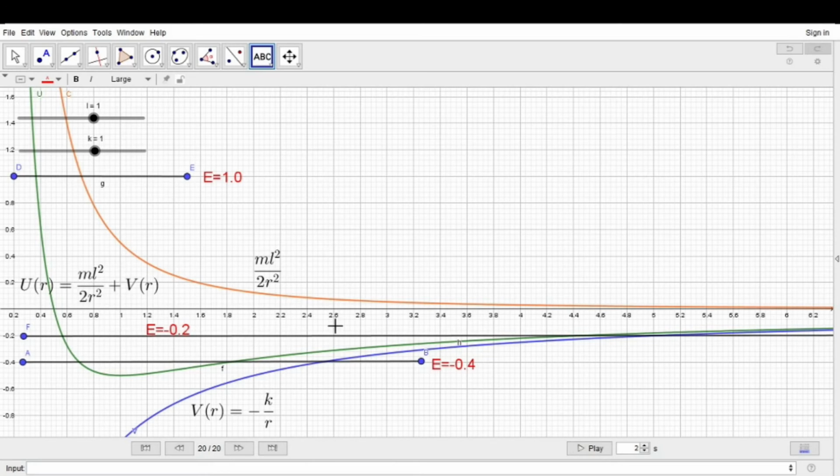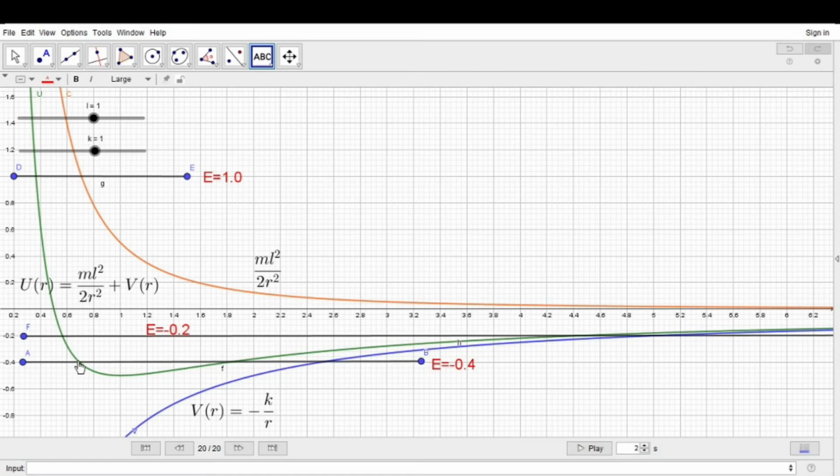And what we calculated is the radial extents of the trajectory based on different energies. The first one we did was, I think, minus 0.4, and that corresponds to this black line. This black line, if you look over here at the y-axis, is at minus 0.4, and that's the energy.